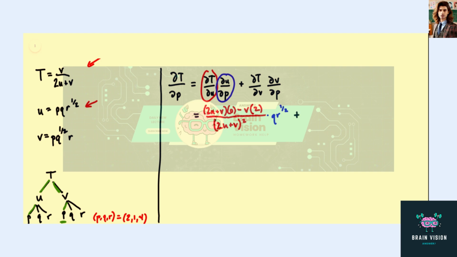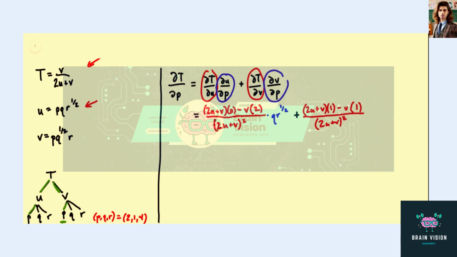Okay. Plus, same thing over here, the partial of t with respect to v. Once again, we can use the quotient rule. So we get the denominator times the derivative of the numerator, which is now 1 because we're going with respect to v, minus v times the derivative of the denominator, which is also 1 with respect to v, all over the denominator squared.